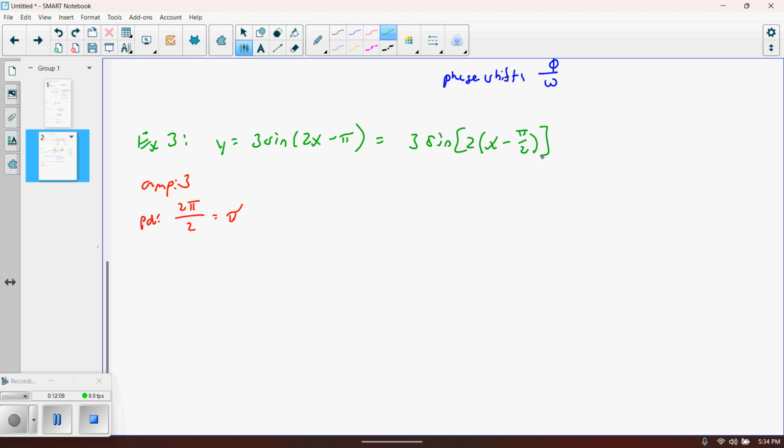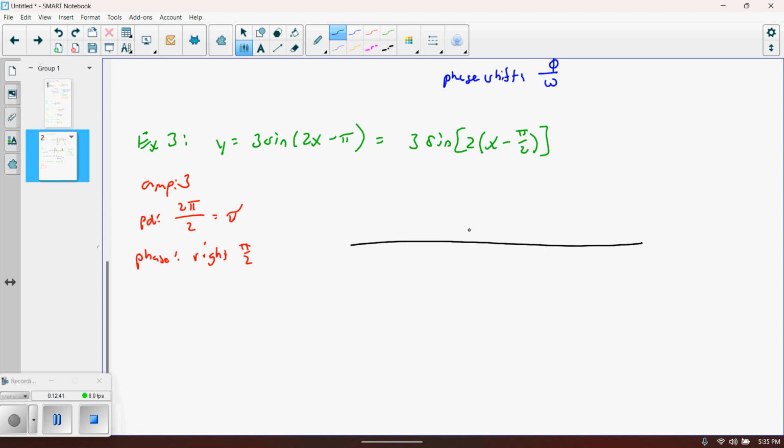That tells me that I have a phase shift right pi halves units, because remember, x minus is the equation, so really it's what's after the minus, which is pi halves, which is a positive pi halves because it's after the minus sign. Tells you that it's going to shift to the right pi halves units. And again, no vertical shift.